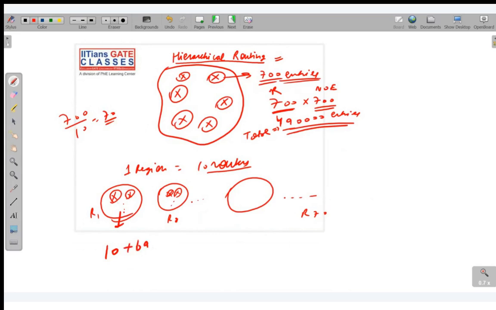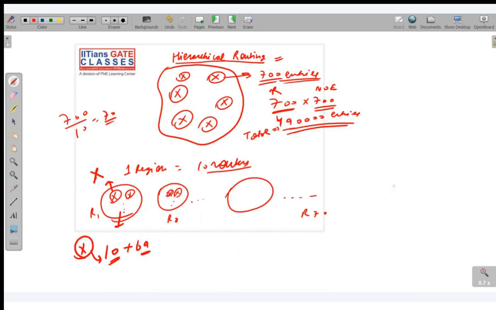This router will keep an entry of itself also and 9 routers more. So total 10 entries for this region only. Each router. For example, this is an X router. So what will the X router do? It will make 10 entries, including itself, for its region, and the next 69 entries, one for each of the other regions.